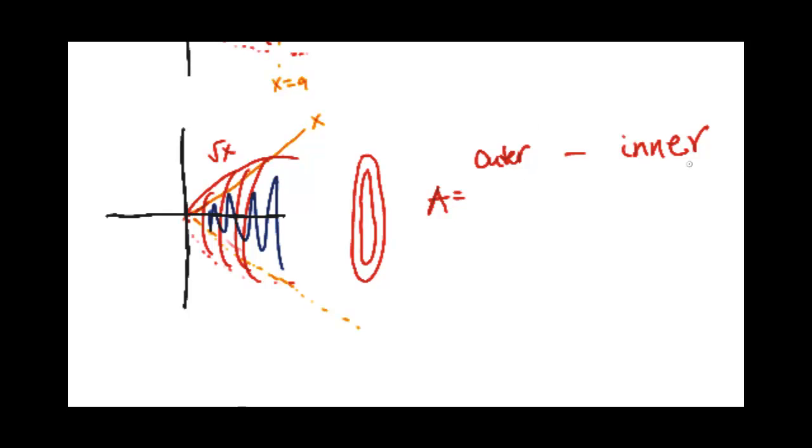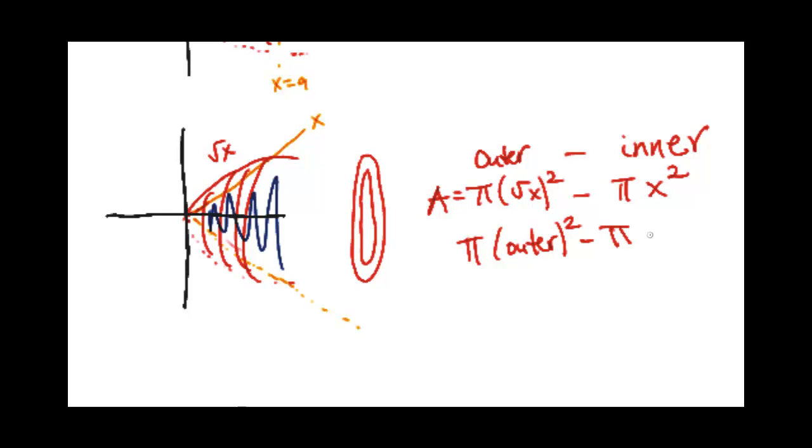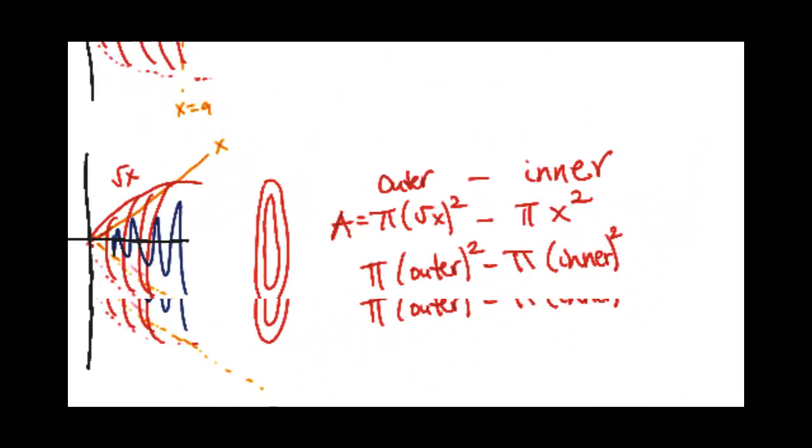So in this case we would have pi times the outer radius squared minus pi times the inner radius squared. Alright, so this is just to set up the area part of the formula.